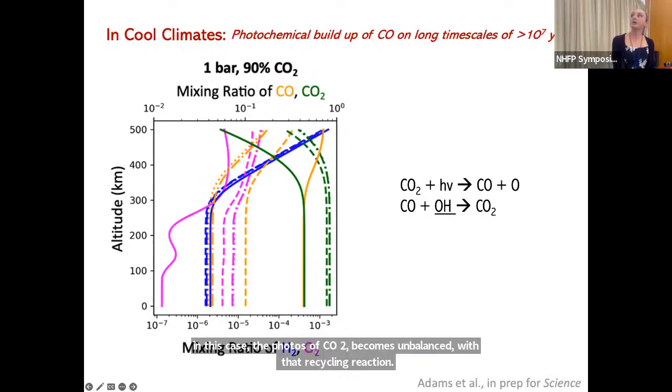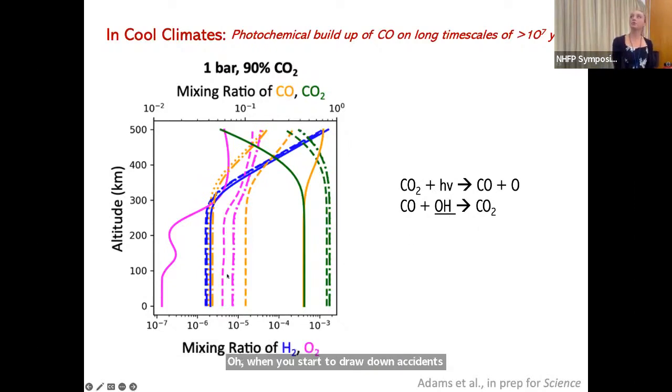When you start to draw down oxidants, such as O2 into the ground, that depletes the system of OH, which is one of the most powerful atmospheric oxidants. And so this reaction here becomes very slow. And so we find that Mars' atmosphere might have turned from CO2 towards a CO atmosphere on very long time scales of greater than 10^7 years.